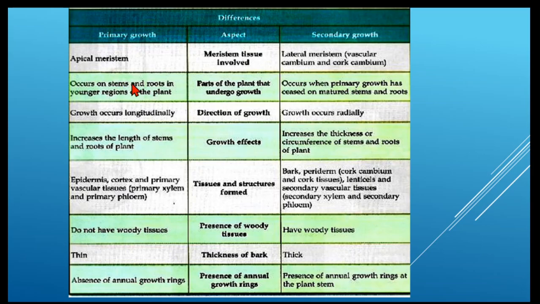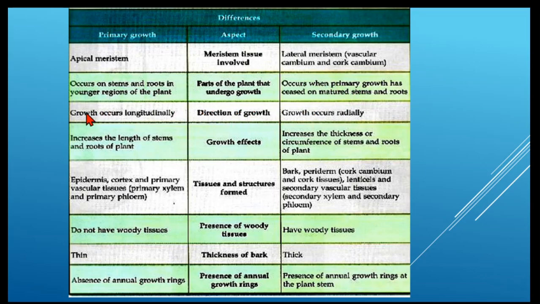Maksudnya di stem tips, shoot and root tips yang muda. This one occurs when primary growth has ceased, in matured stem and roots. Okay, bila sudah primary growth lengkap sudah, so dia akan continue secondary growth.